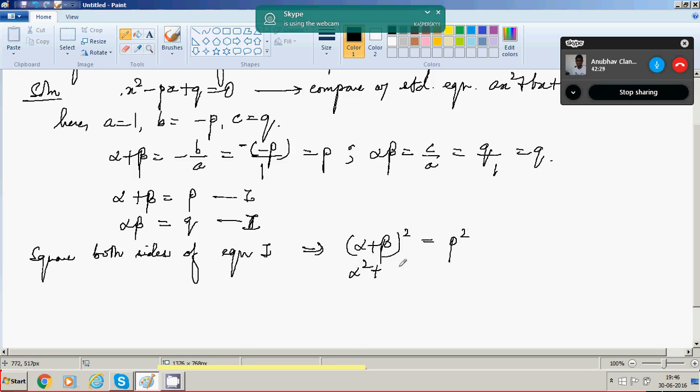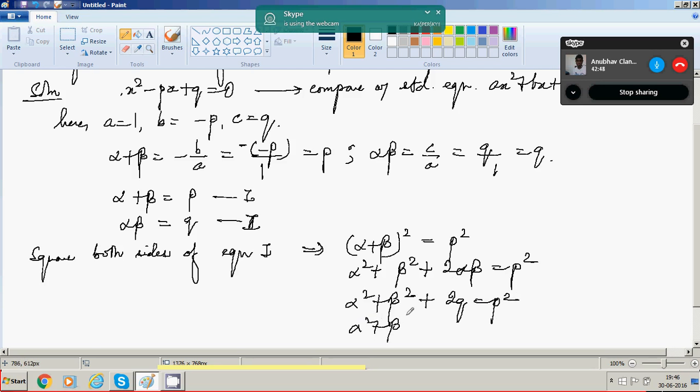So alpha squared plus beta squared plus 2 alpha beta equal to p squared, and what is alpha beta? q. So 2q. We are done. Alpha squared plus beta squared equal to p squared minus 2q.